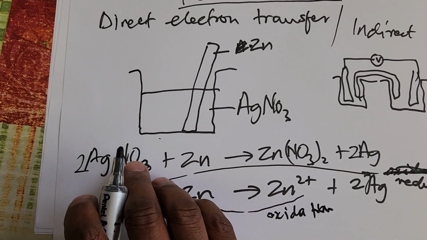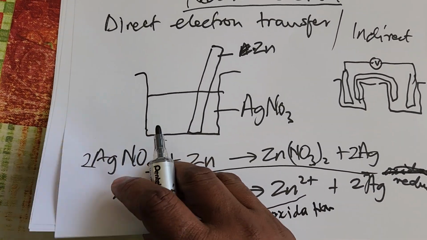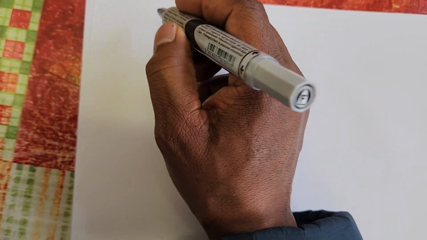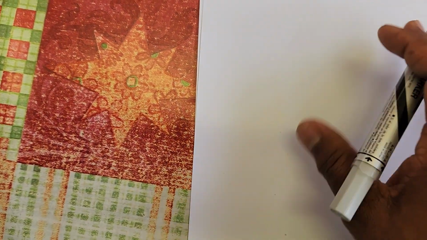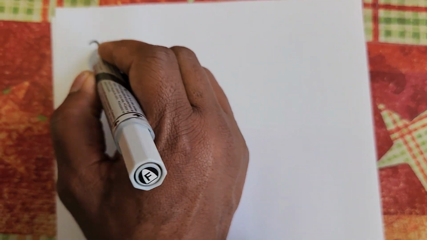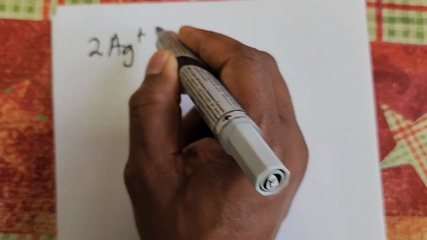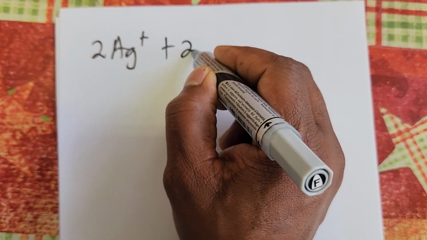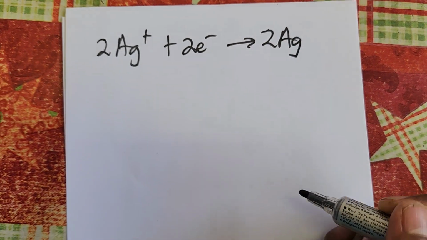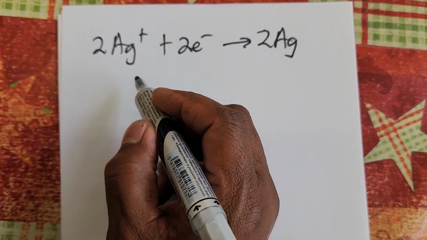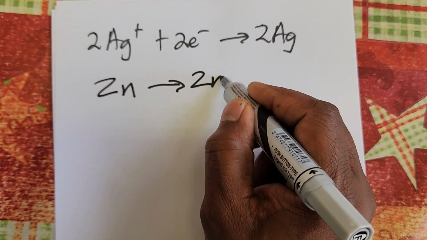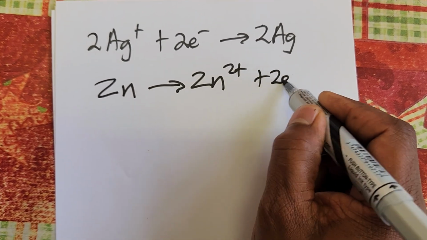Fine. If I have to write the half reactions from the two, you will find that 2 silver ions will gain 2 electrons to form 2 silver, and in the case of zinc, zinc will be oxidized to form zinc ion plus 2 electrons.